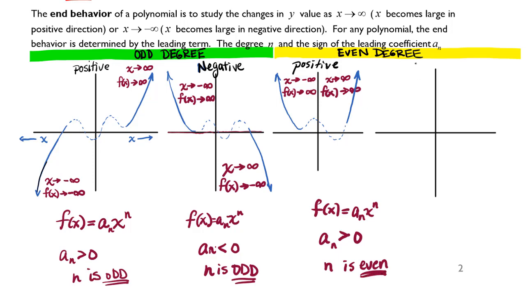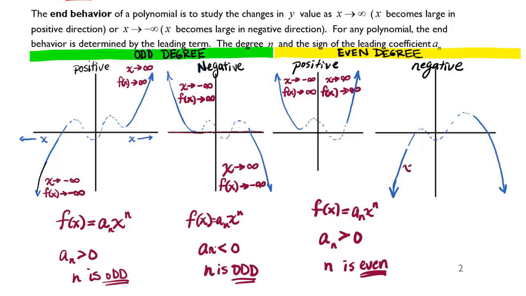Now, if you have a negative even degree polynomial, then your function will do the same thing. The end behavior will be the same on both sides. However, the function will be flipped downwards because it's negative. So your function is now opening downwards instead of opening upwards.